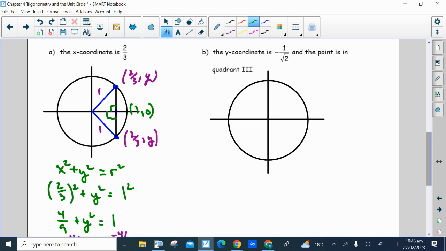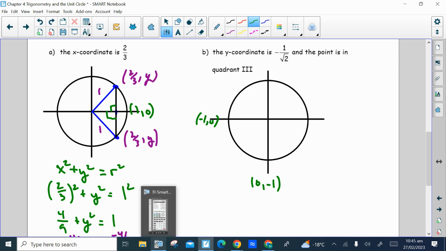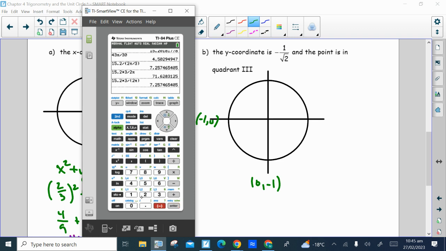Remember, though, that the unit circle has a radius of 1. So this point over here would be negative 1 comma 0. Down here would be 0 comma negative 1. In this case, our y coordinate is negative 1 over root 2. So if you go negative 1 divided by the root of 2, that's negative 0.707.